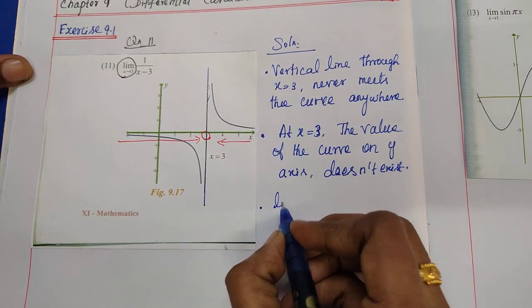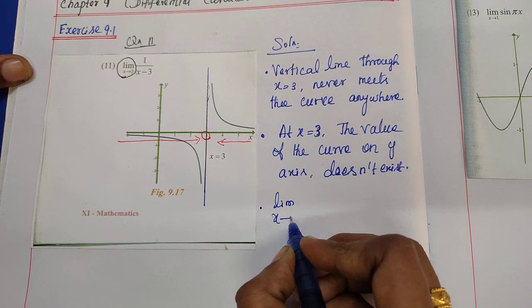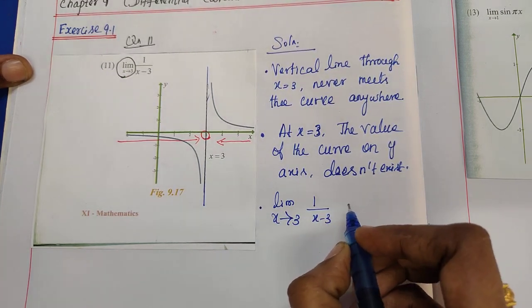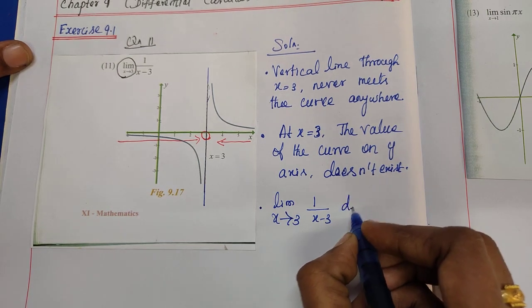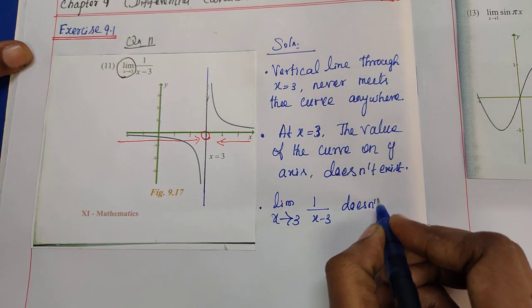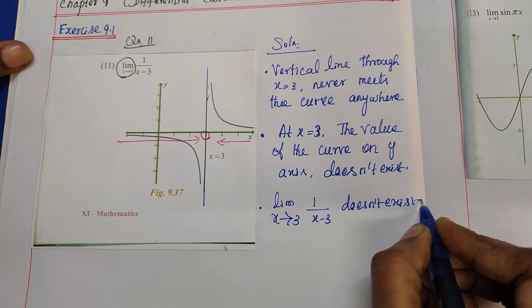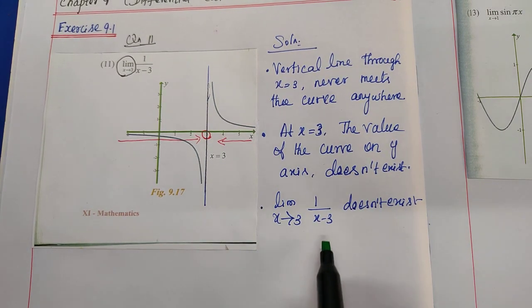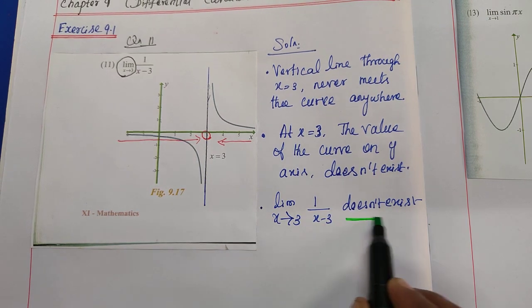Therefore, the limit x tends to 3, 1 by x minus 3 doesn't exist. The limit of the question doesn't exist.